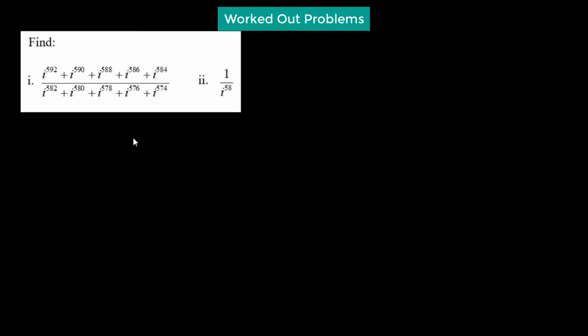So in the first question, we have to find the value. What we will do is consider the numerator and look for the i value with the lowest power. So here we see that i raised to the power 584 is the smallest power of i. So we'll try to write each of the terms in terms of the smallest power. What I mean is, we have i raised to the power 584.